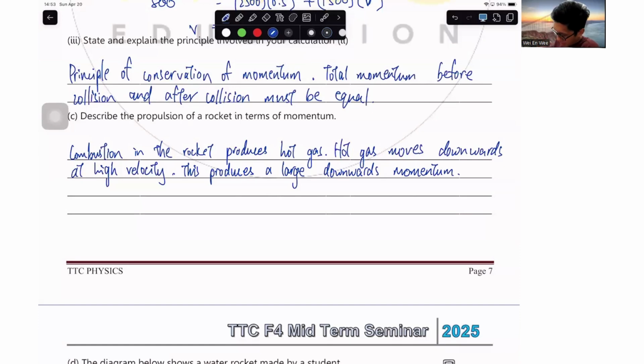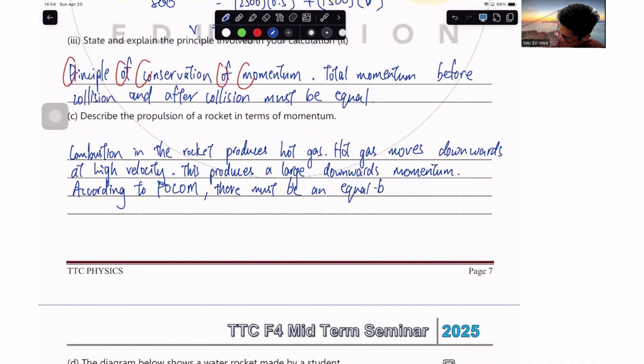Then according to POCOM, this POCOM is not for you to buy gold, this is Principle of Conservation of Momentum, POCOM. According to POCOM, there must be an equal but opposite reaction.